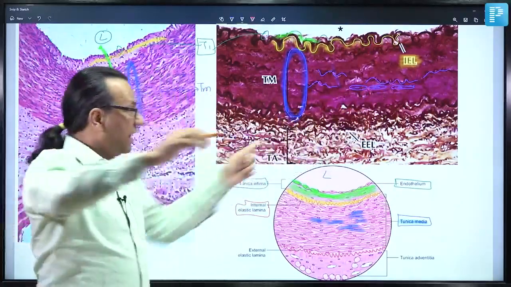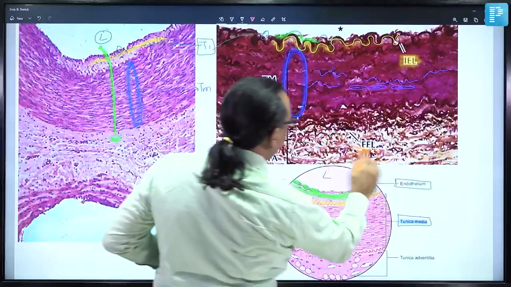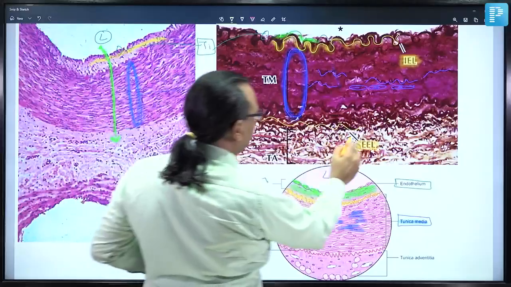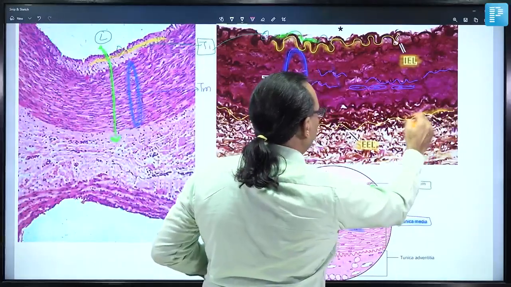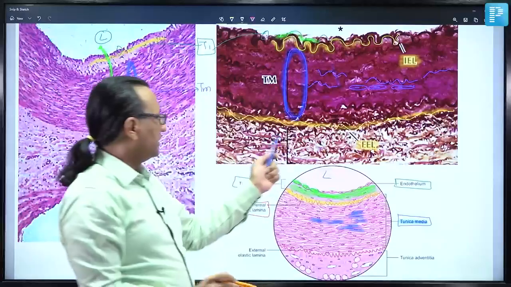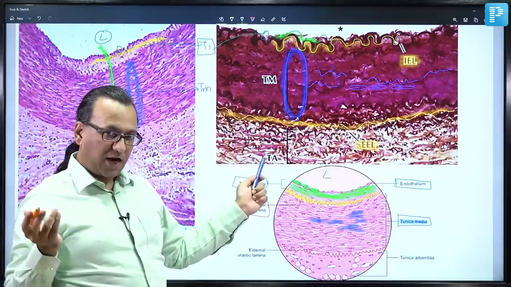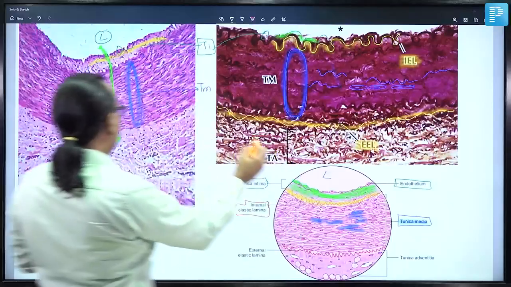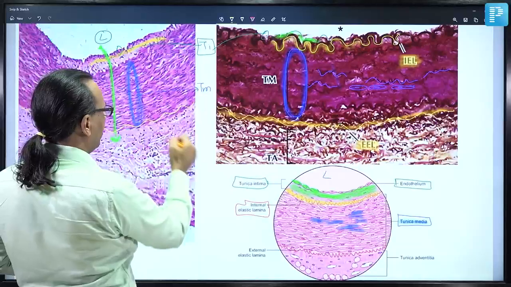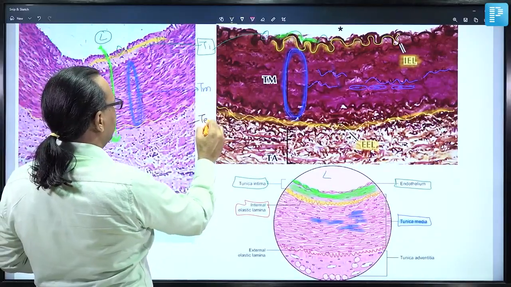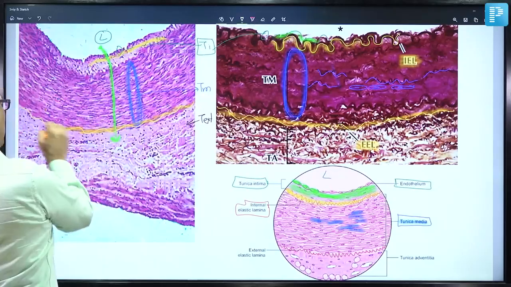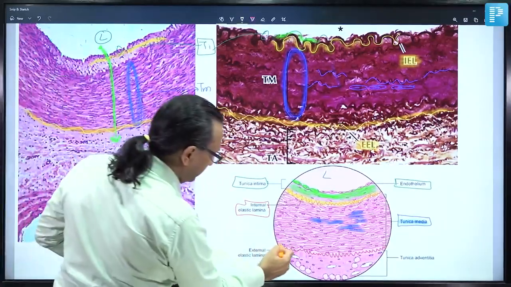Anyhow, we have seen one internal elastic lamina. There is one external elastic lamina also. And that external elastic lamina will be at the next junction. That means it is going to be located at the junction of tunica media and tunica externa, which is also called tunica adventitia. The same external elastic lamina you can show in the artery here as well.